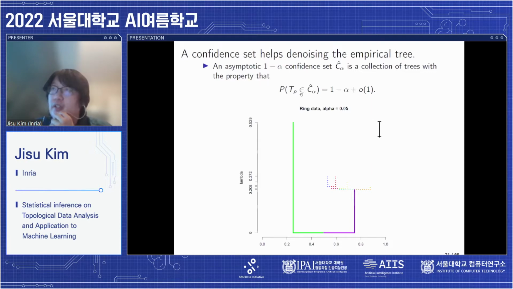Here the confidence set is the set of cluster trees where the true tree from the true density function is captured in this confidence set with a probability of, say, 95%. That means when you compute the confidence set 100 times, then for 95 percent of the times you will capture the tree from the true density function.